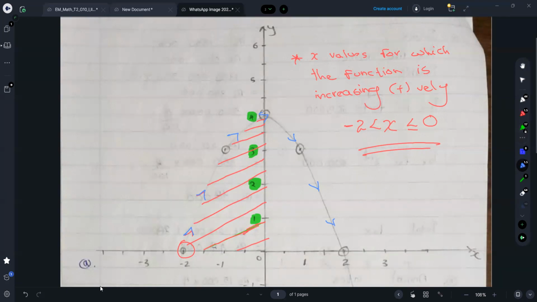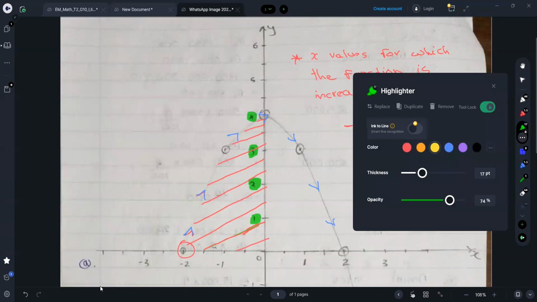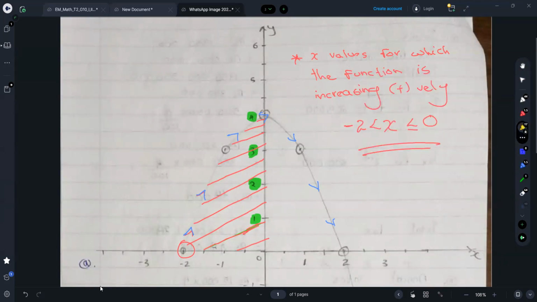It should be this area, right? Decreasing positively, starting from 4 towards 1. In this area, the function is decreasing positively.